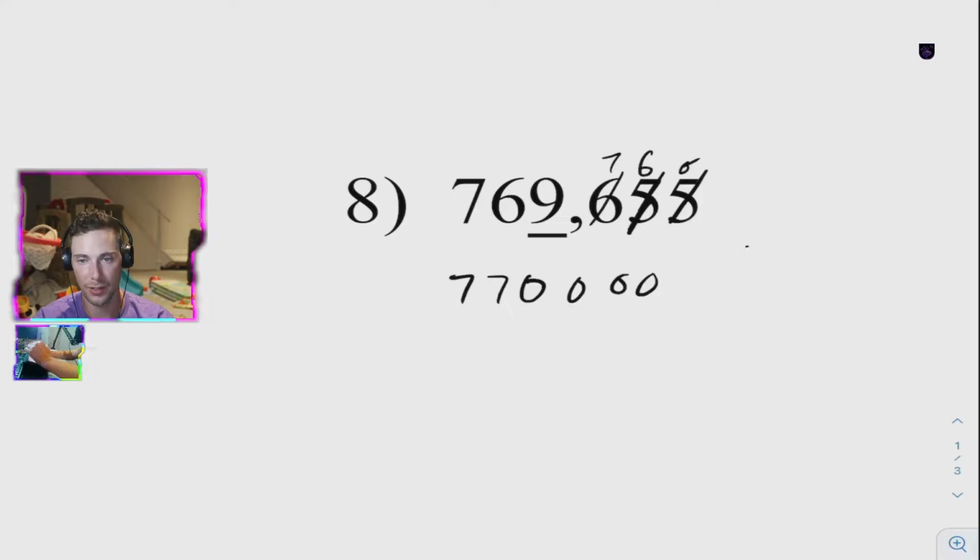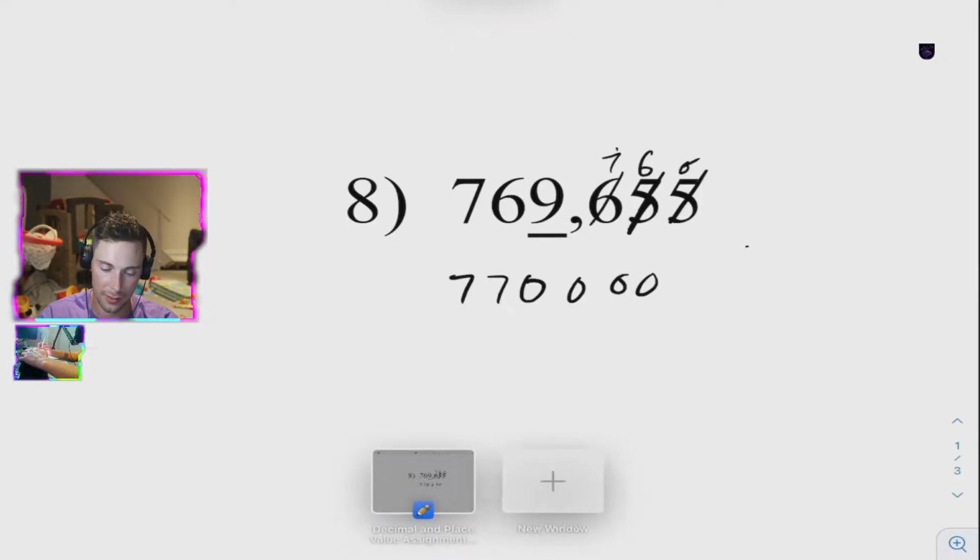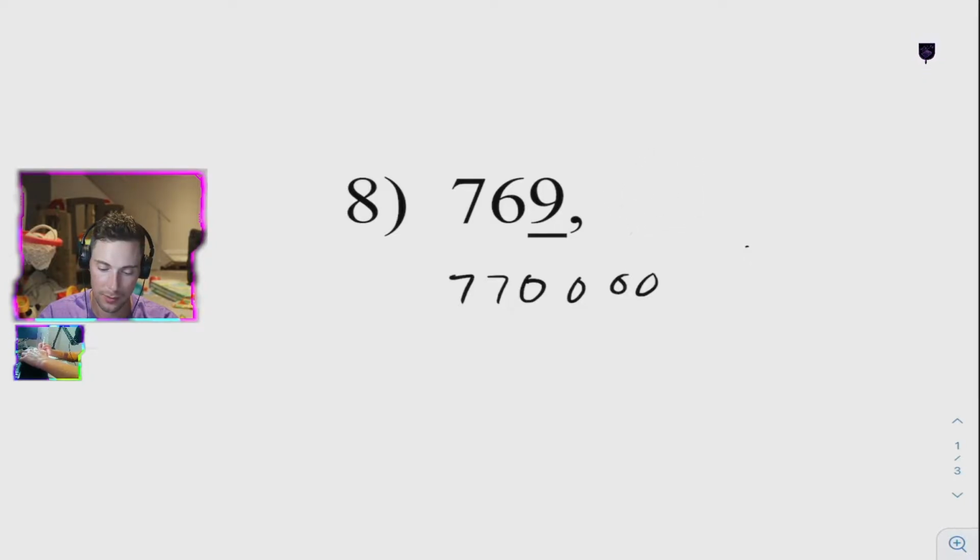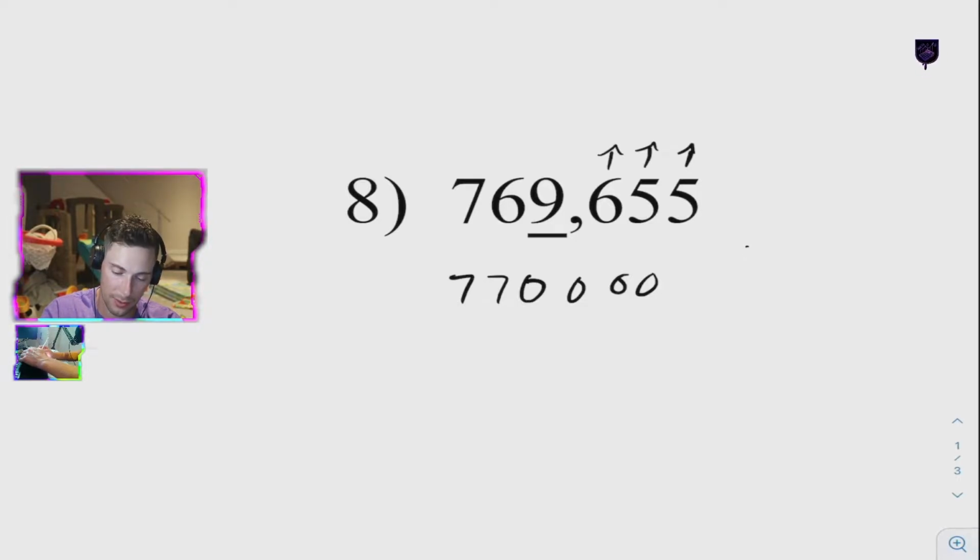So we're rounding, everything's being rounded up. Let's see if I can represent that in another way. Okay. So the 5 rounds up, this rounds up, this rounds up, bringing this value here, our 9, up a value.